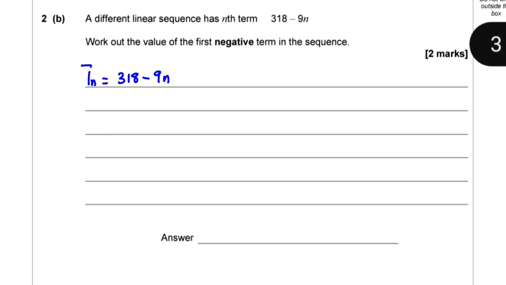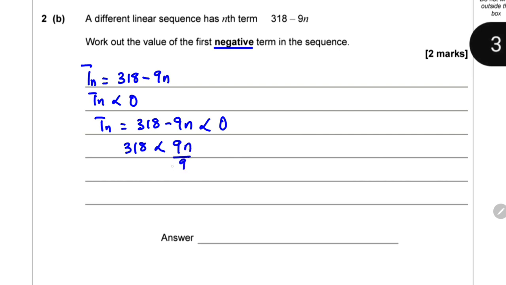Now, the first negative, this is very important, negative, meaning that Tn must be less than 0 to be negative. So all we have now is to say that Tn, which is equals to 318 minus 9n, is less than 0. So therefore, we have 318 is less than 9n.